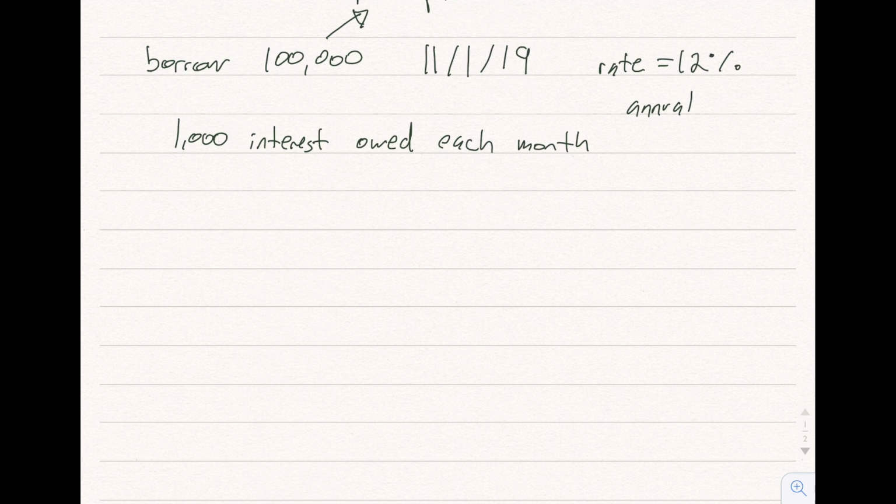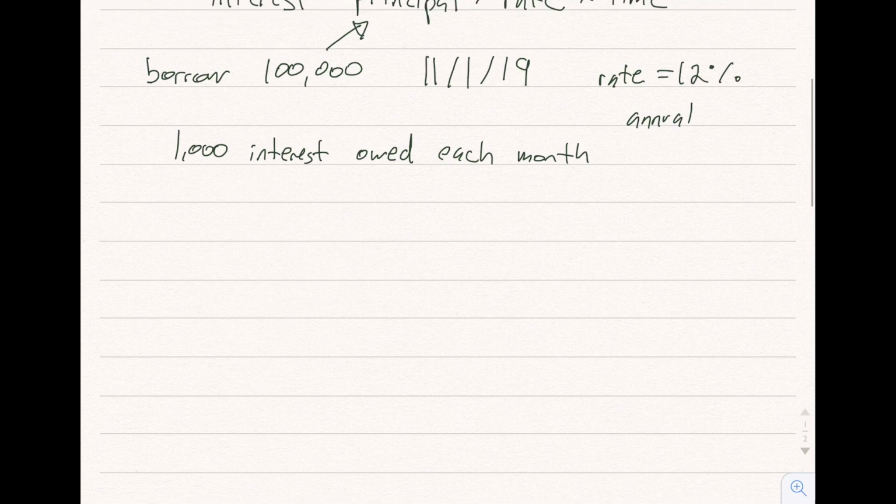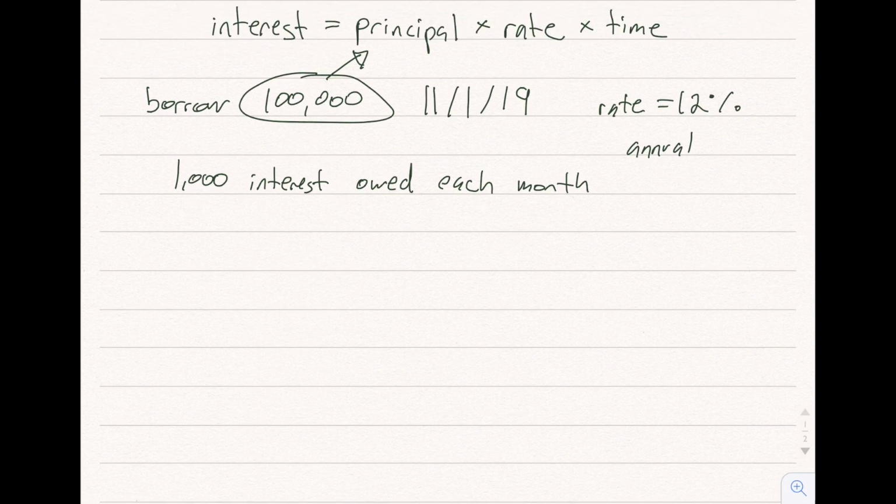Now, depending on the structure of the note, the structure of the contract, it's going to be determined in advance when you're actually going to have to pay the interest and when you're going to have to pay the principal, right? And the principal being the amount that you borrowed.